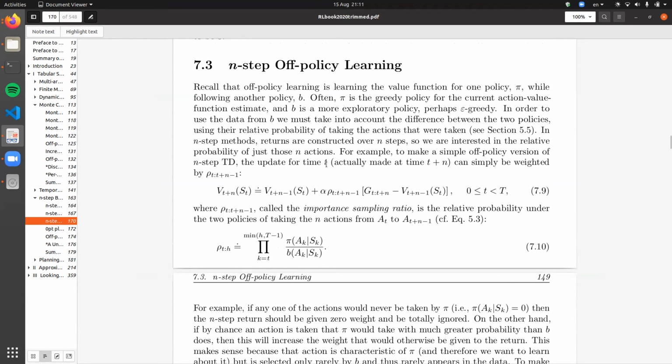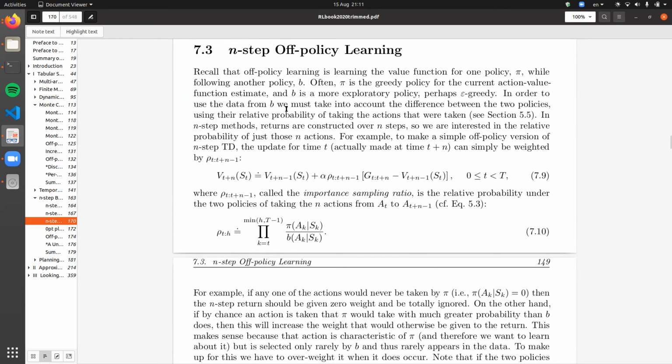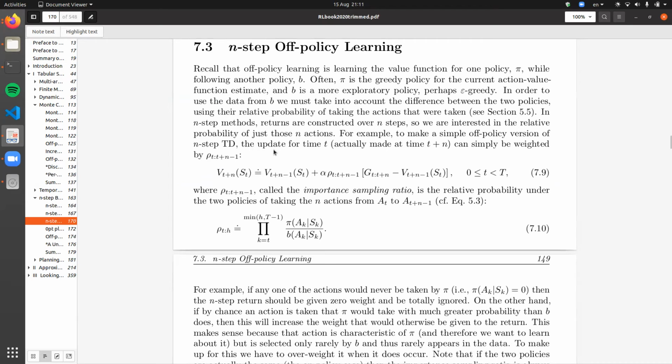Okay, now let's move on to off-policy learning. How can we do the off-policy learning? Consider the case when we want to learn policy pi while acting according to the behavioral policy b, right?